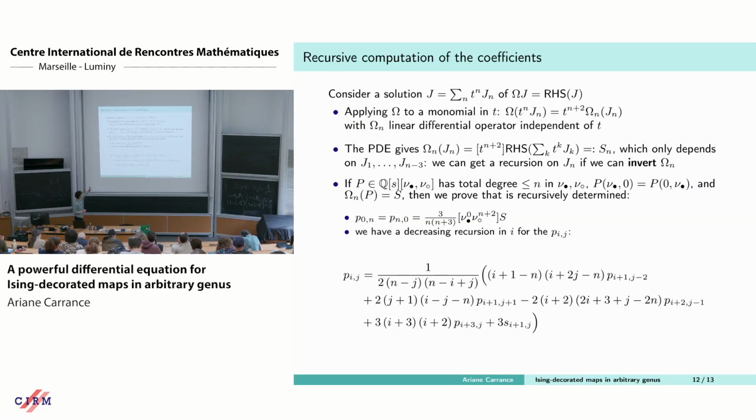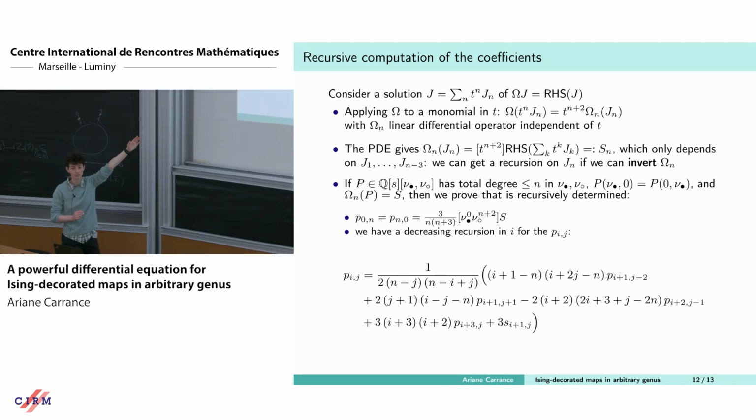In particular, if we pick i equals 0 and j equals n plus 2, it gives us a very straightforward formula for the coefficient of degree n in nu black and 0 in nu white. And with our symmetry assumption, this is also equal to p_0n.